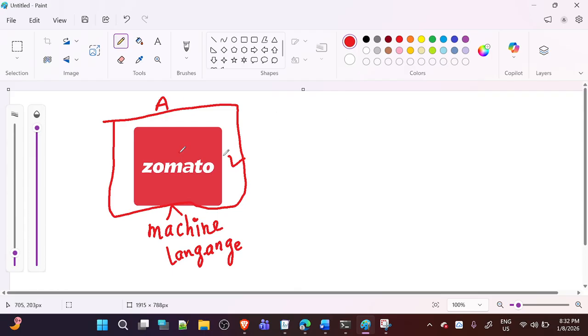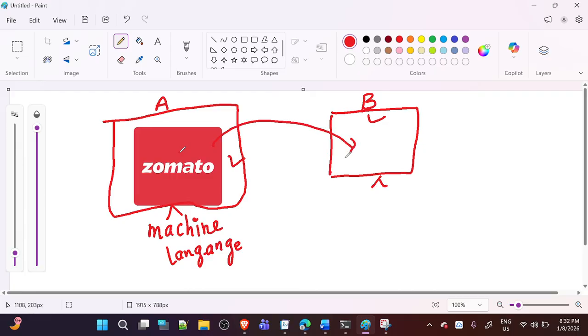For example, if you want to run this same application on a different machine, let's suppose another machine, B machine, then for this B machine, again you need to write all the code for the Zomato application. Why? Because machine languages are platform dependent. But if you're writing code in a programming language, then you can switch from one platform to another platform.